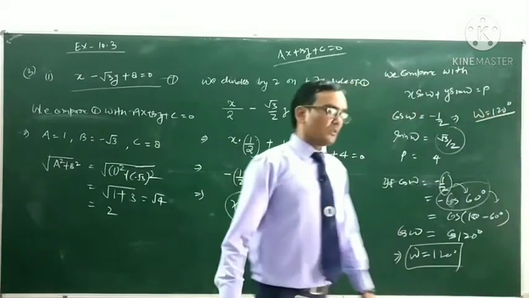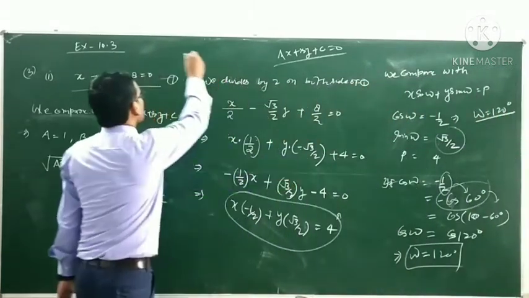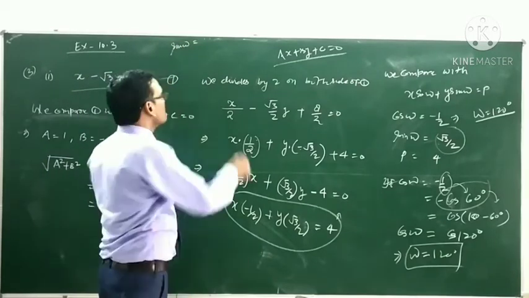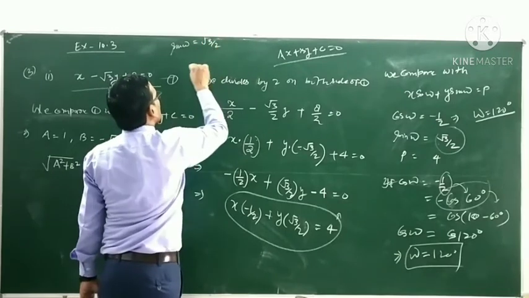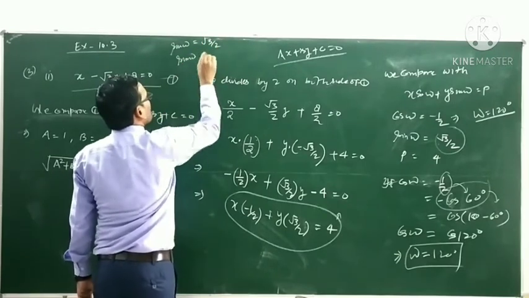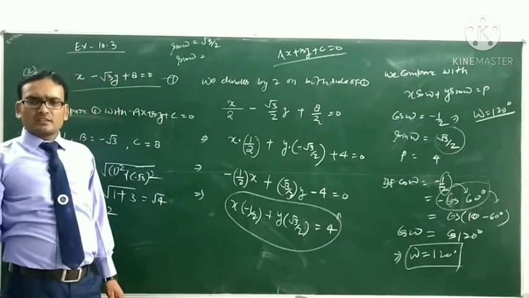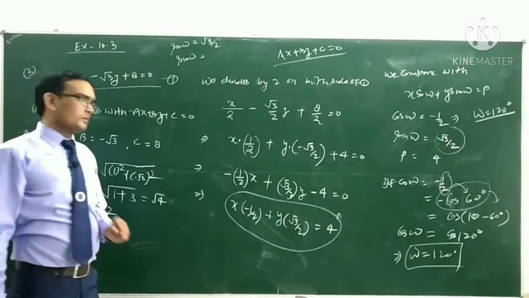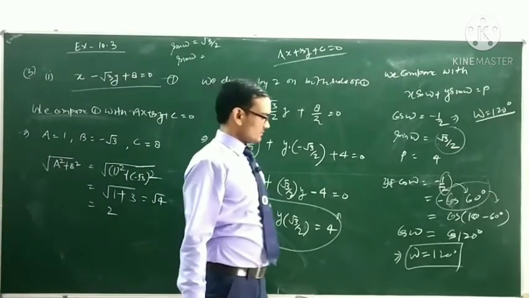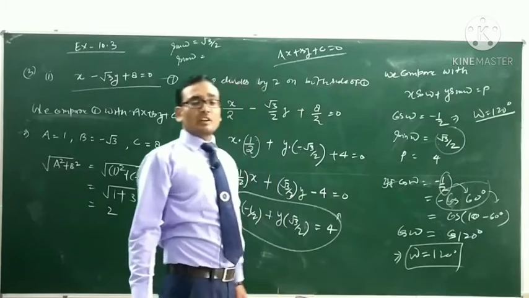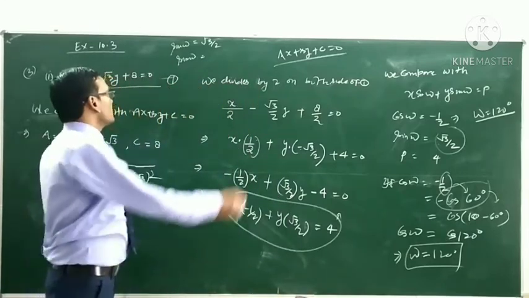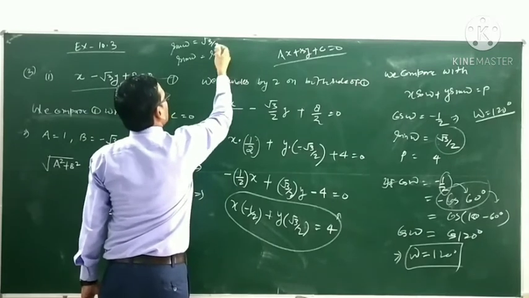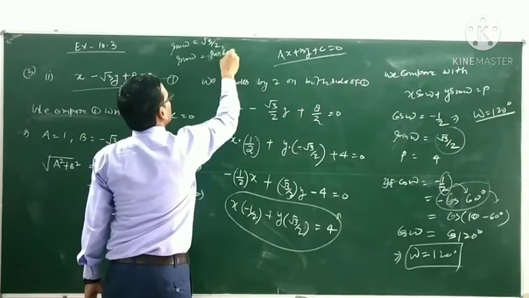Similarly, we find if sin omega is equal to square root 3 by 2, then we know that sin 60 is square root 3 by 2, but here omega is 120.